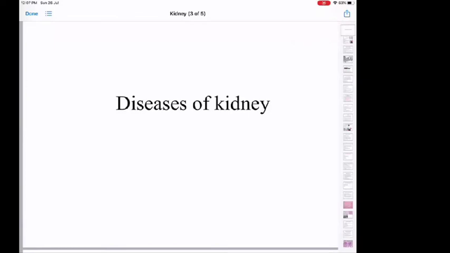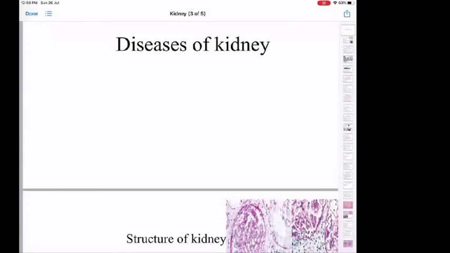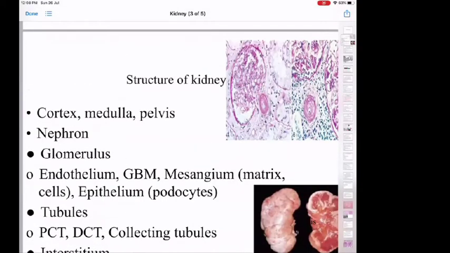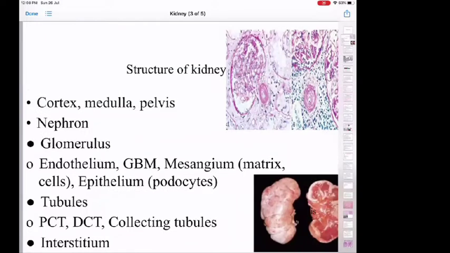First of all, in this topic, we will cover the anatomy, physiology, and the diseases of kidney. In the next webinar, we will cover the kidney function test.